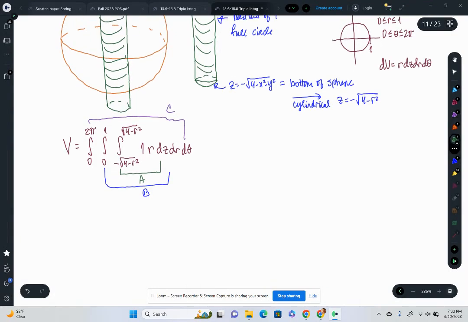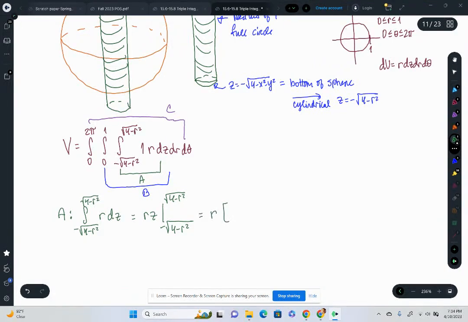In a, we're looking at the integral from minus square root 4 minus r squared to positive square root 4 minus r squared of r dz. This just gives me rz from minus square root 4 minus r squared to positive square root 4 minus r squared. Leave the r on the outside.